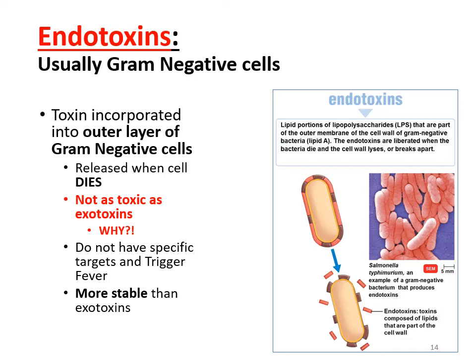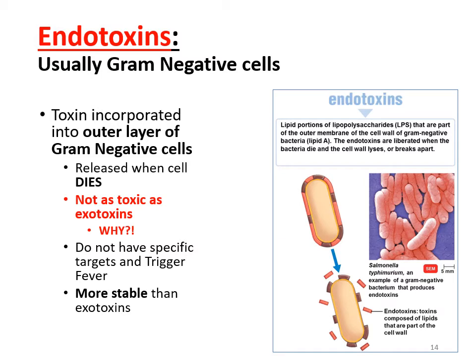This means that they're not as toxic as exotoxins, because think of it: what's more dangerous, a serial killer or someone who commits suicide when they commit the murder? The suicide killer can only kill whoever they killed at that moment. They can't kill anymore once they're dead.